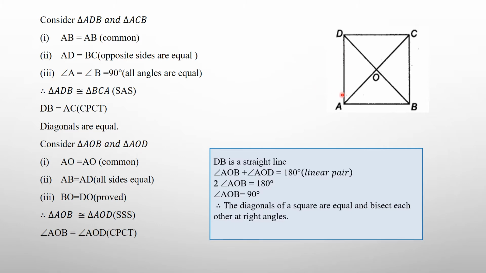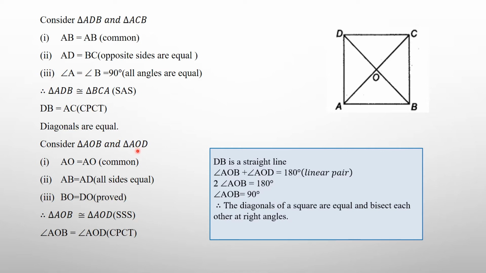Now since ABCD is a square, we have all the angles as 90 degree, and therefore angle A is equal to angle B 90 degree. Therefore using the three conditions, we can write triangle ADB is congruent to triangle BCA using SAS congruency. From this we can write AC is equal to DB using CPCT, and therefore we proved the diagonals are equal.